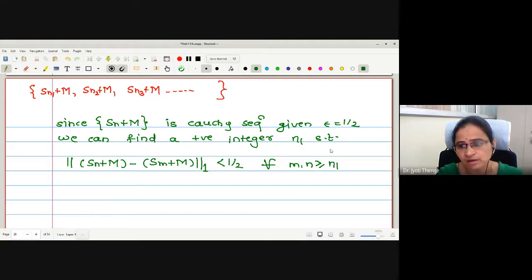Is the definition clear? For this value of epsilon as half, we have got one stage after which this statement is true. Now I am going to consider this first element Sn1 as x1, and let me call it statement number 1.